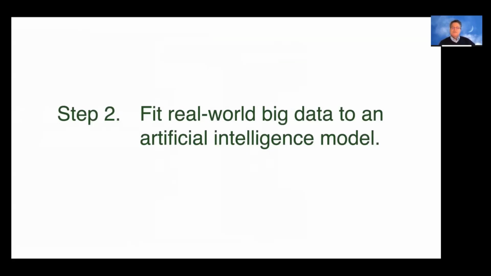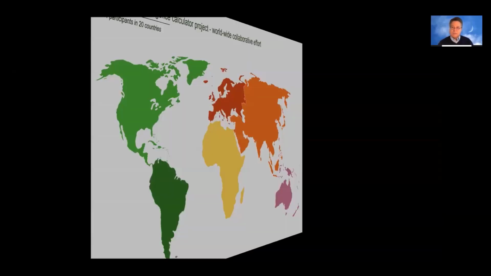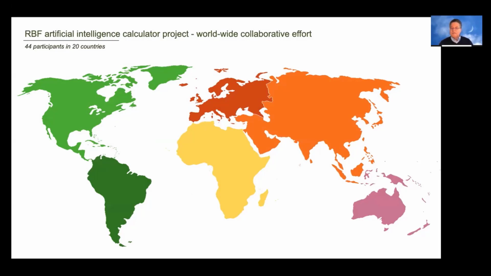So next, we need to fit real-world big data to the artificial intelligence model, so we know what we need as far as factors, and now we need lots of data. So the way we do this is we ask our ophthalmic colleagues around the world to help us. And here we have 44 participants in 24 countries in North America, South America, Europe, Africa, the Middle East, India, Asia, and Australia.